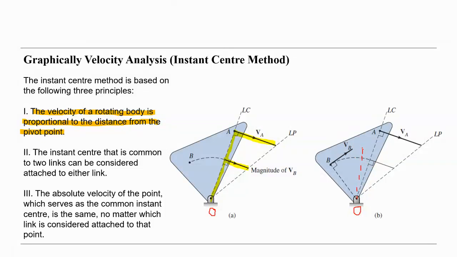So the velocity must be perpendicular to that, like this here. This is VC. So it applies to any point on this rigid body.